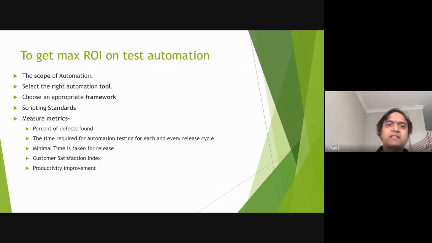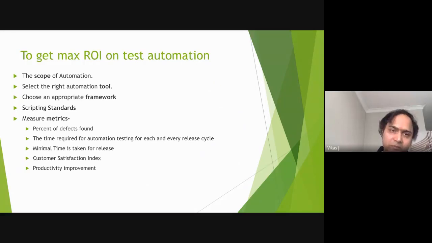Now, to get the maximum ROI on test automation, what do we have to do? We have to narrow down the scope of test automation. We have to select the right automation tool. Again, there are a lot of assumptions that I'm making. Many people, you have to do your groundwork before jumping onto any of these activities.